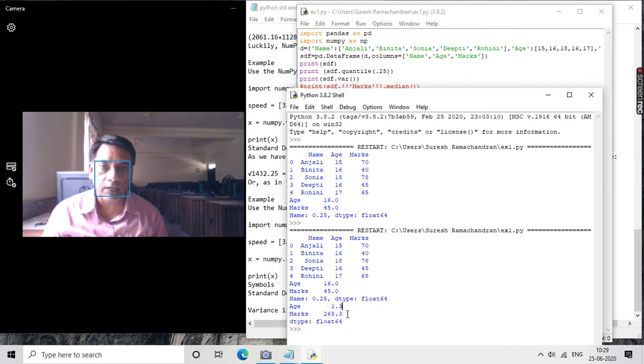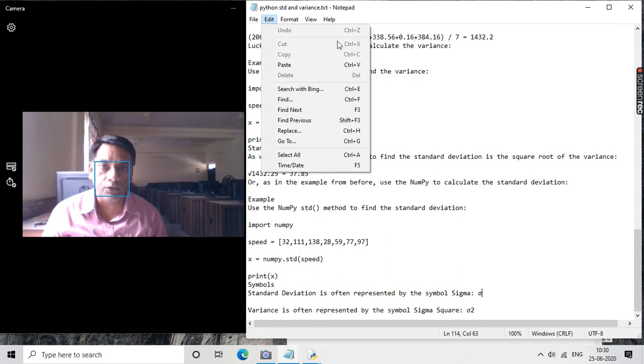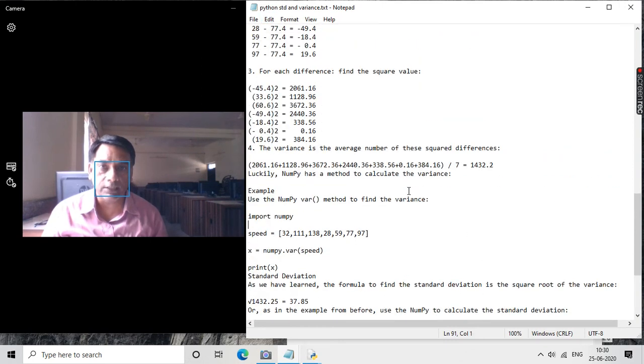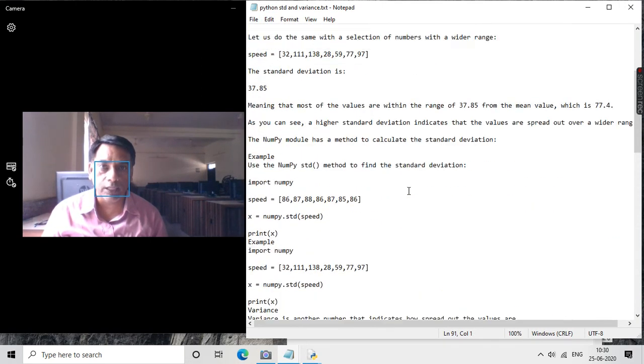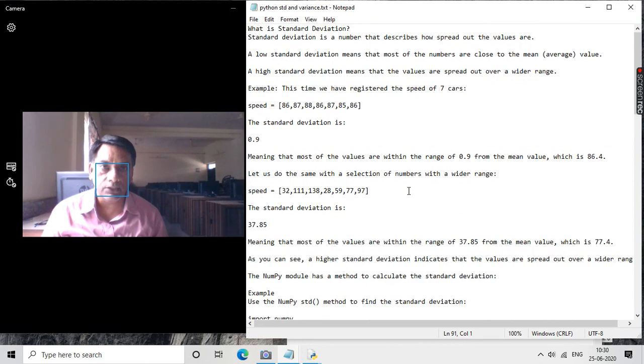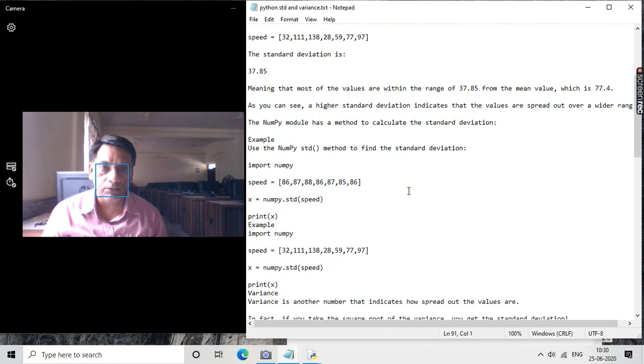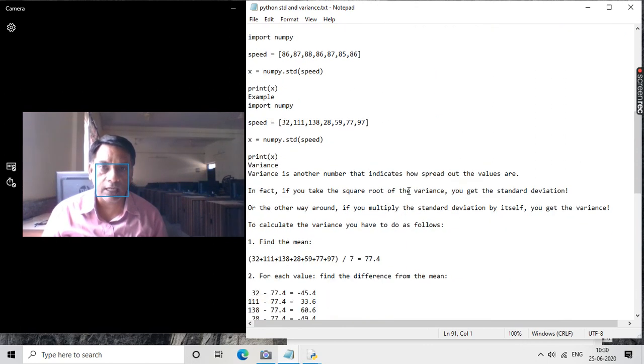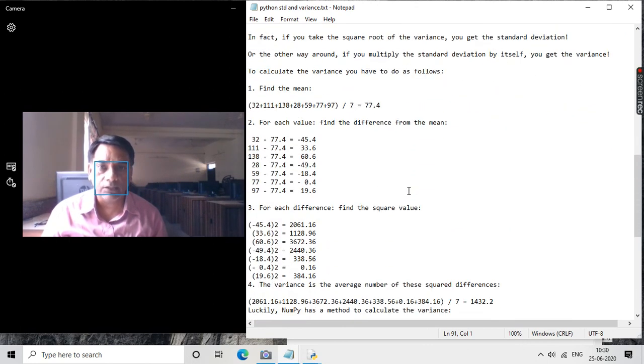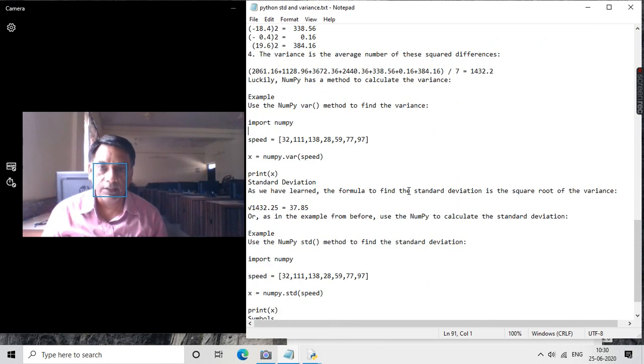So these are the two calculations of variance for the two columns, age as well as marks. How it calculates all these things you can find in this window, where I have shown all the mathematical steps. You can study slowly to understand how the calculations take place, standard deviation and variance.